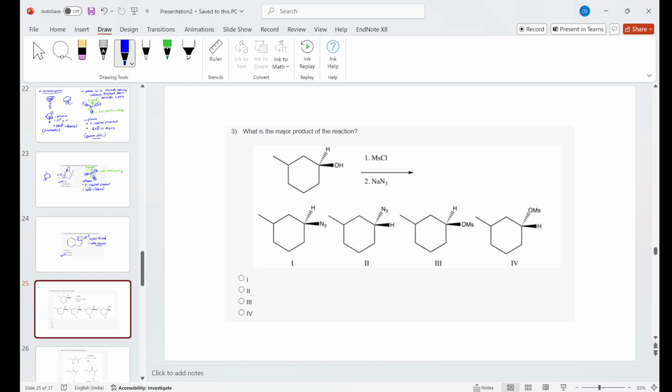Then what is the major product of this reaction? MsCl. Okay, what we have seen is that whenever we are using MsCl, we are getting the intermediate product on the same side. Then NaN3 is attacking. Okay, so I will just write it. First step, you will have the mesylate, and now NaN3, N3 minus will go and attack.